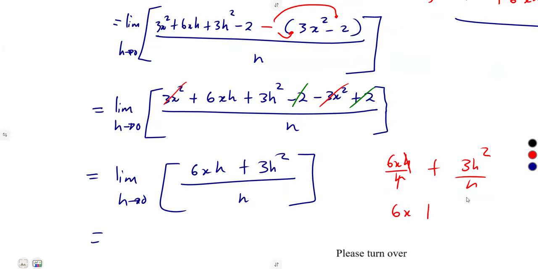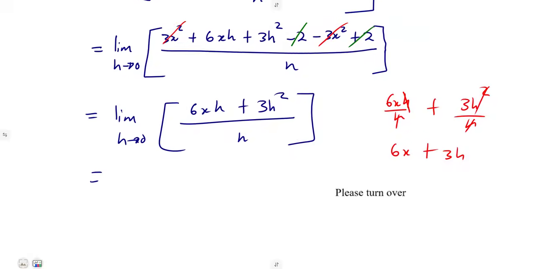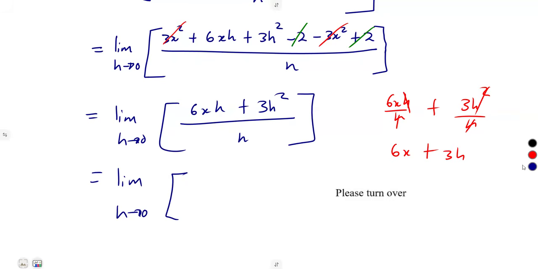So this will be 6xh over h plus 3h squared over h, of which I could have just factorized the h, which is common, because we need to get rid of that h in the denominator. So let's factor the h in the numerator here. This is going to give us, if we remove h here, 6x plus 3h. It's going to be 3h squared divided by h, which is what? 3h over h. So as we can see, guys, these two can cancel.